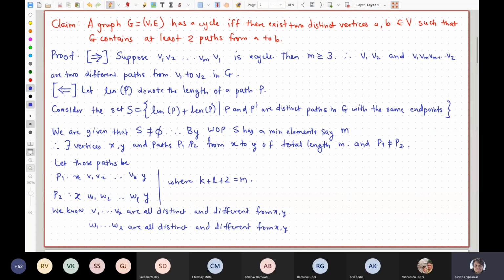Then we picked the two paths between the same pair of vertices which have the least total length, and claimed that those two paths must form a cycle. You can append the first path to the reverse of the second path and get a cycle. Okay.